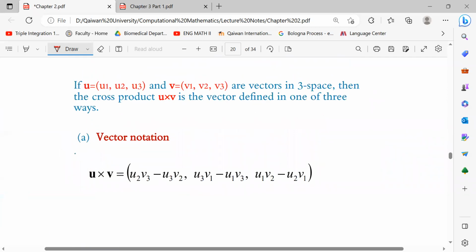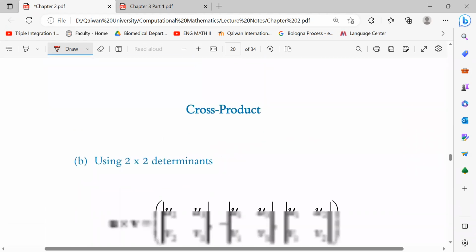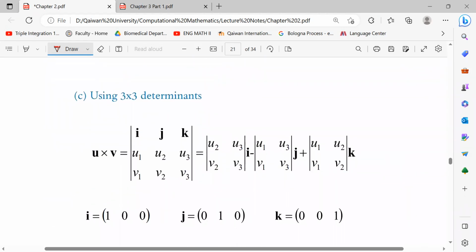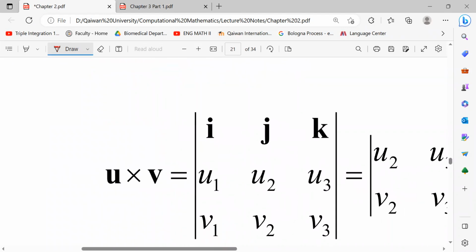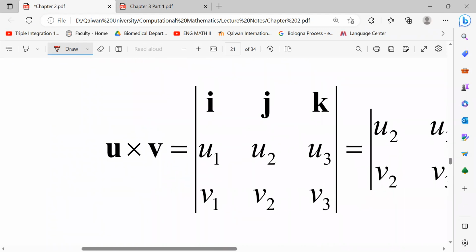Look, in a 3 by 3 matrix, let u be this vector, u1, u2, u3, and v be this vector, v1, v2, v3. Then what's u cross v?